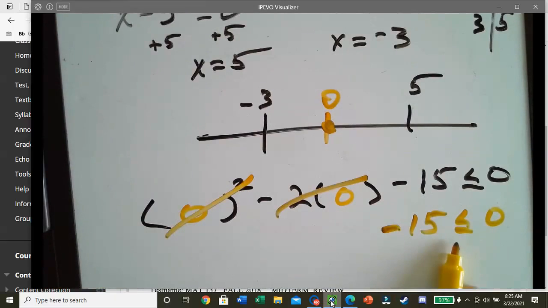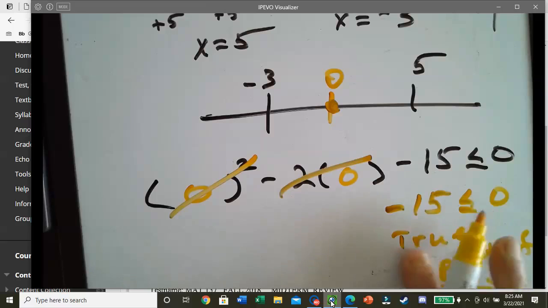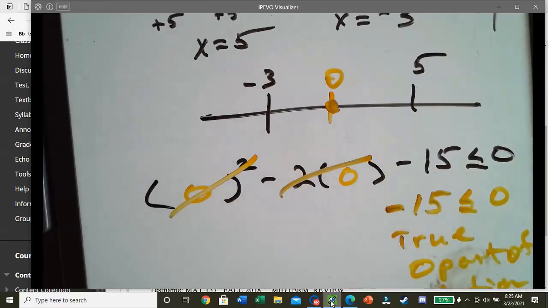Well, is negative 15 less than 0? Is that true or false? True. That is true. So that means 0 is part of our solution. I'm sorry, not negative 15, I mean 0.